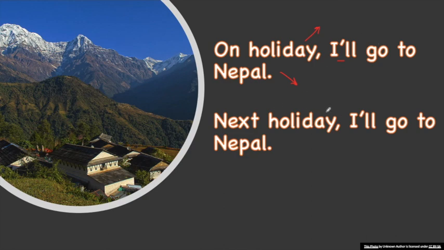Or you can say, next holiday, I'll go to Nepal. Okay, go to. Again, this will be connected as well. Go to. Let me do it again. On holiday, I'll go to Nepal. Or next holiday, I'll go to Nepal.